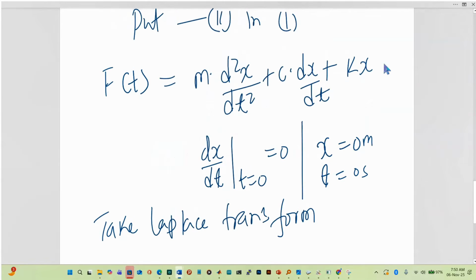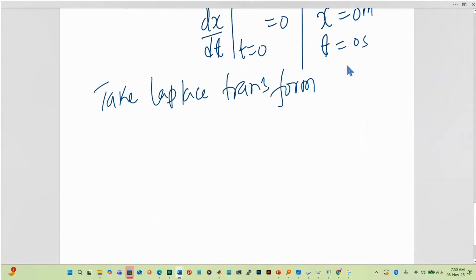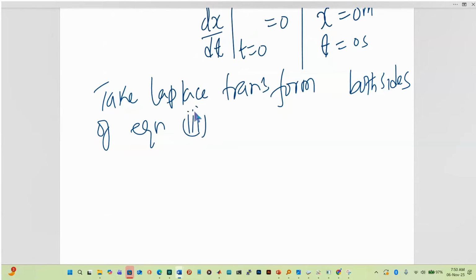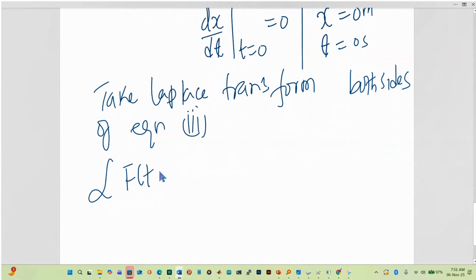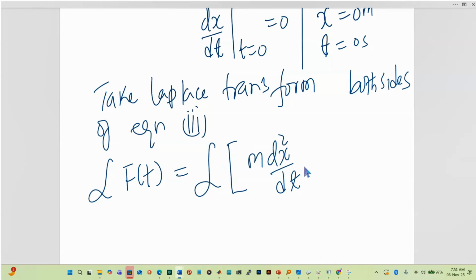This is equation 3. Laplace transform both sides of the equation. So when we take the Laplace transform, I will have the Laplace transform of f of t, then the Laplace transform of m d²x/dt² plus c dx/dt, then plus kx.